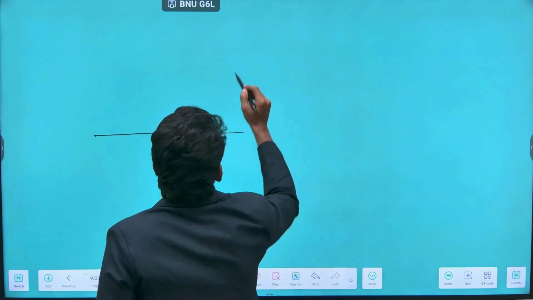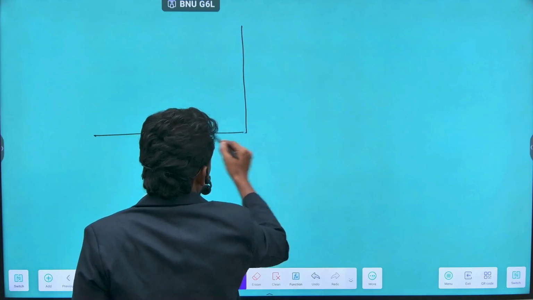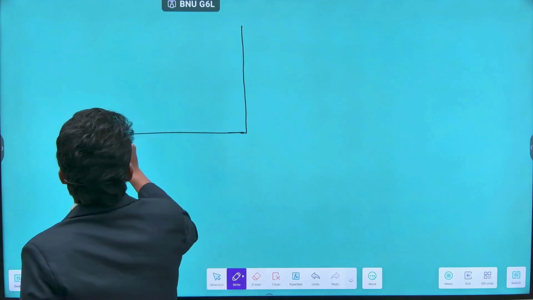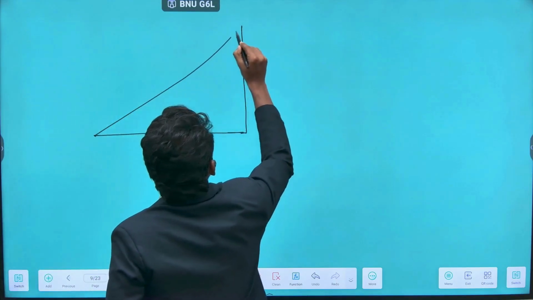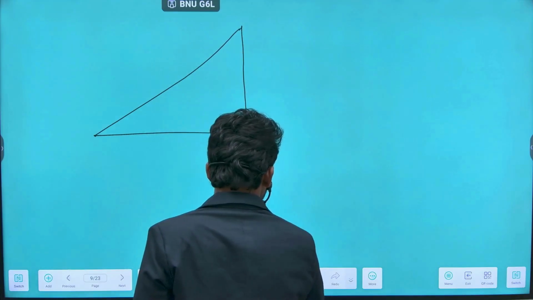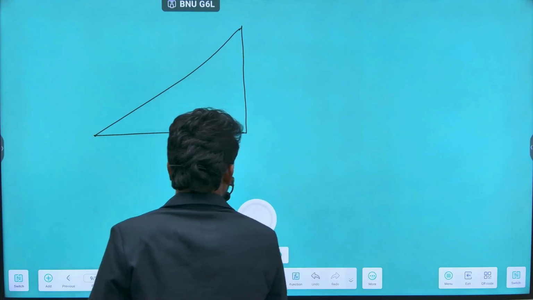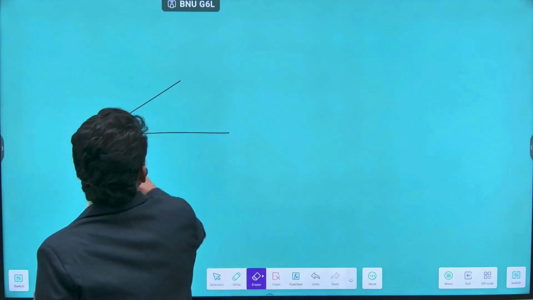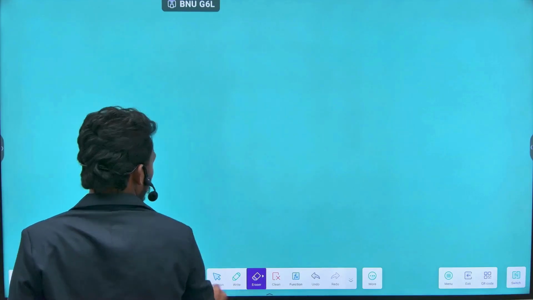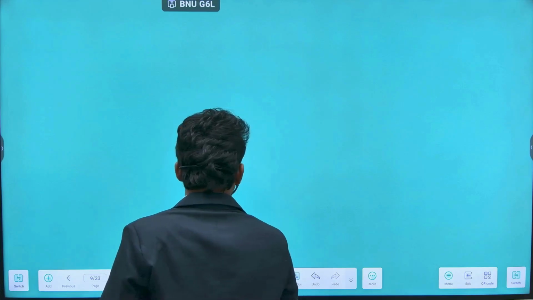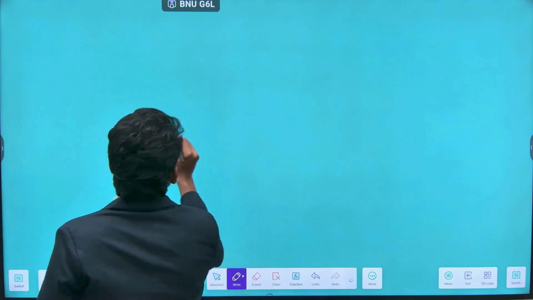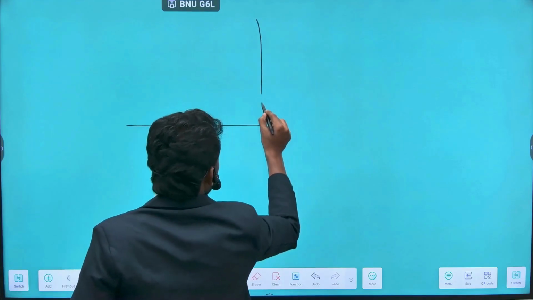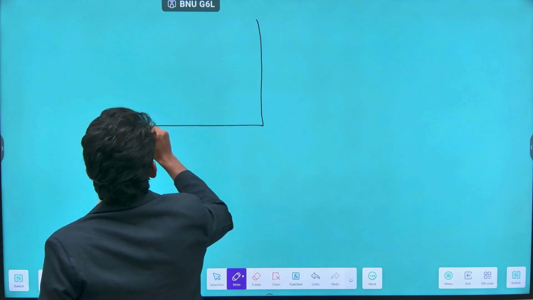So let us take a simple truss problem and see the method of joints. Here the diagram is not drawn to scale.